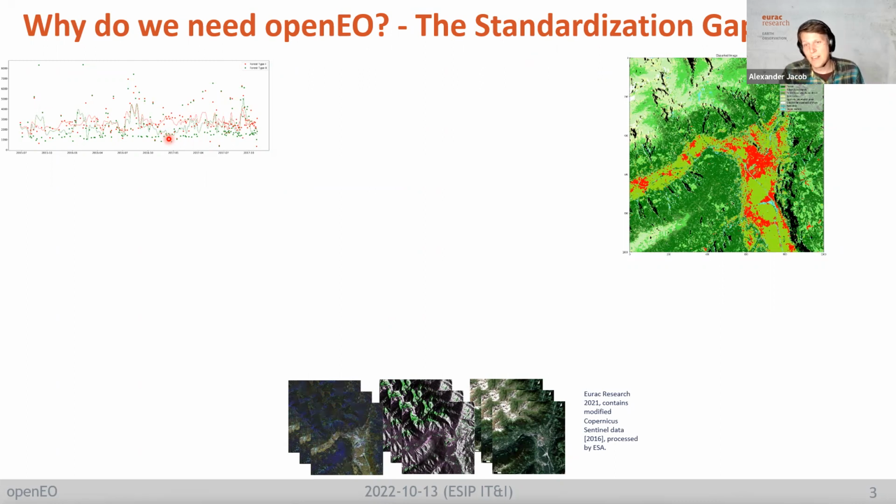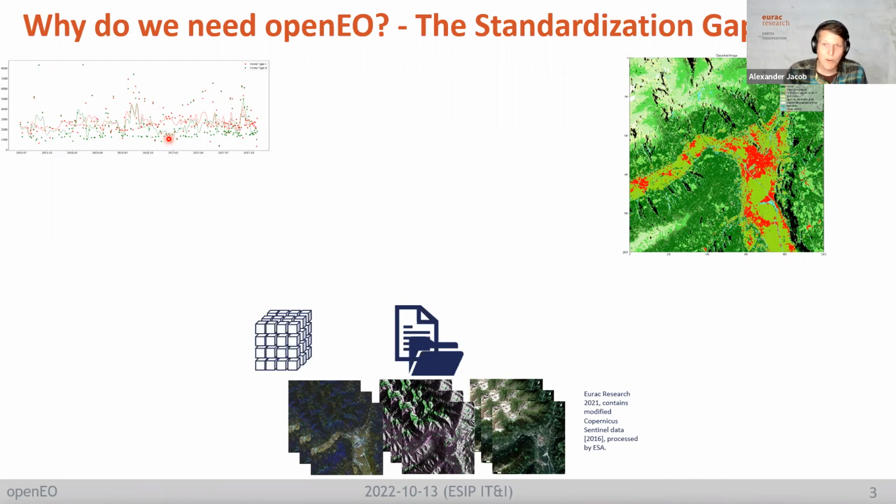The unfortunate thing is that there are so many different offers of how to provide this data to you that it can become quite complex. We have classic file systems, in your company's network sharing system maybe, or even your own workstation computer. You might have some sort of more complex system like a data cube that exposes the data to you, or some other cloud-based storage system like an Amazon S3 storage.